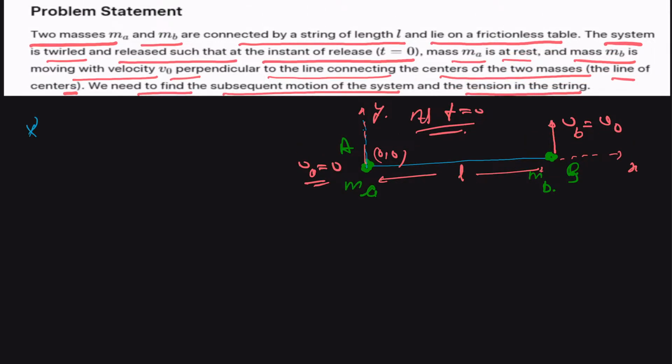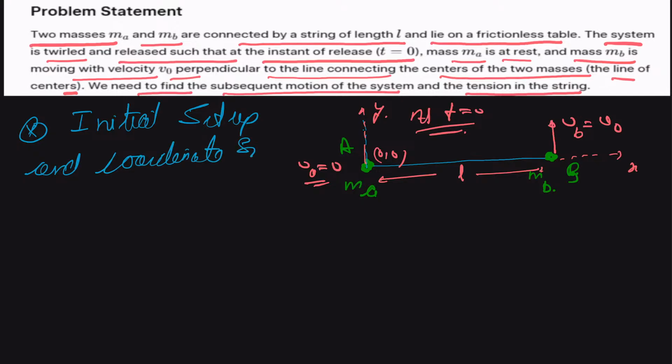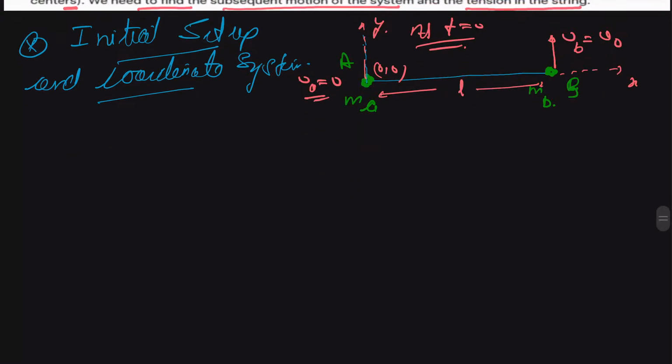So we can say initial setup and coordinate system, and we discuss this at t equal to 0.